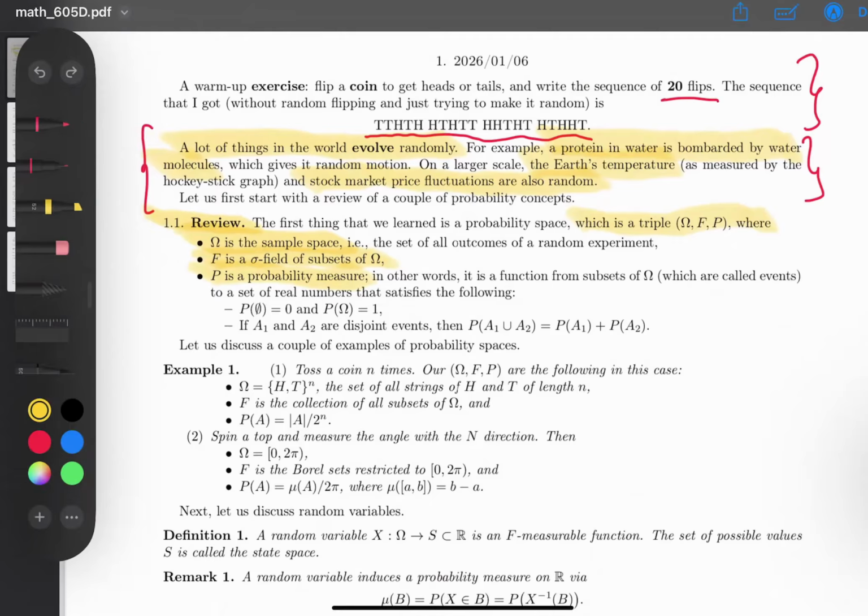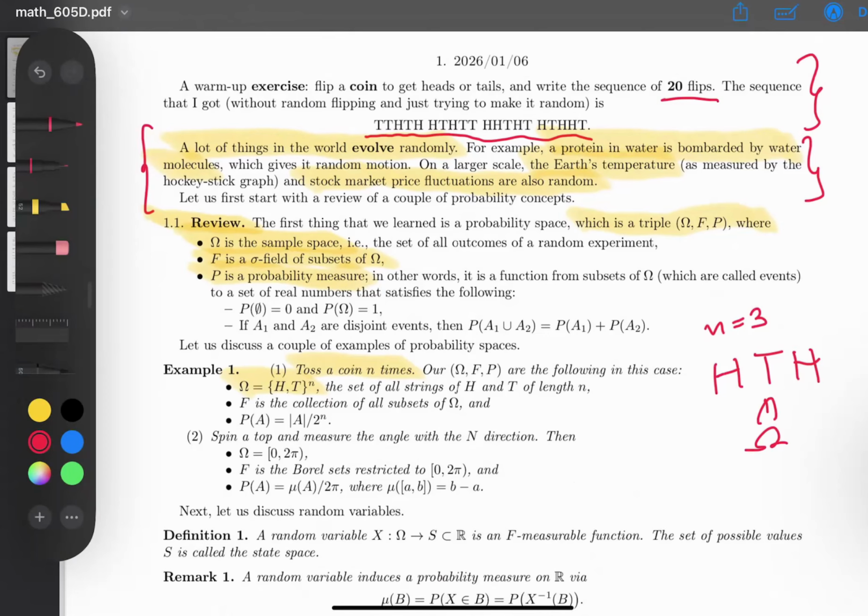For example, if we toss a coin n times, our sample space is the set of sequences of heads and tails. If I toss my coin n = 3 times, then the sequence heads, tails, heads belongs to my sample space, and my sample space consists of all sequences of length 3 with heads and tails.